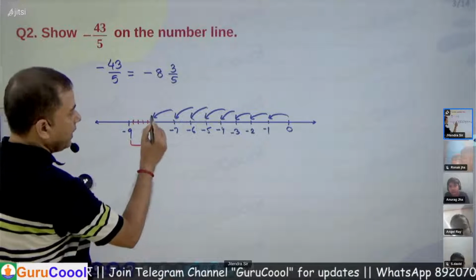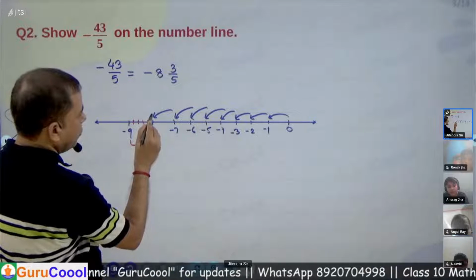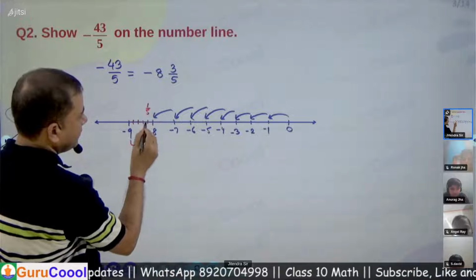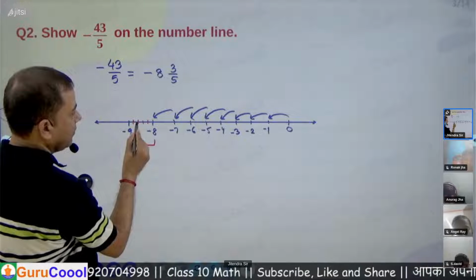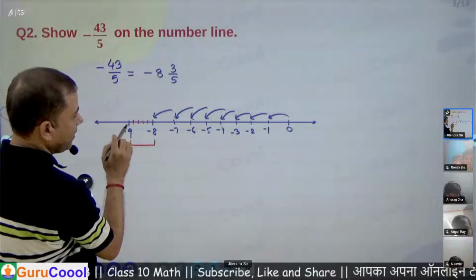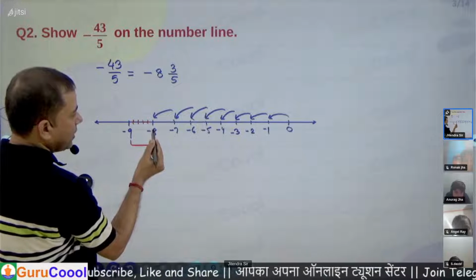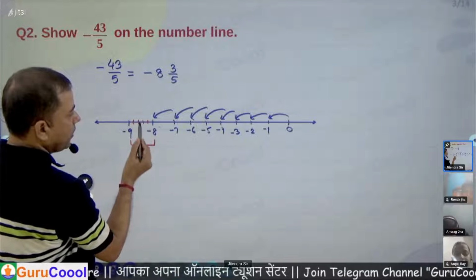So from 8, 3 by 5 extra. The first point is showing 1 by 5. Second point showing 2 by 5, then 3 by 5, then 4 by 5, and at last 5 by 5. Okay, so minus 8 and 1 by 5 is here. Minus 8 and 2 by 5 is here.